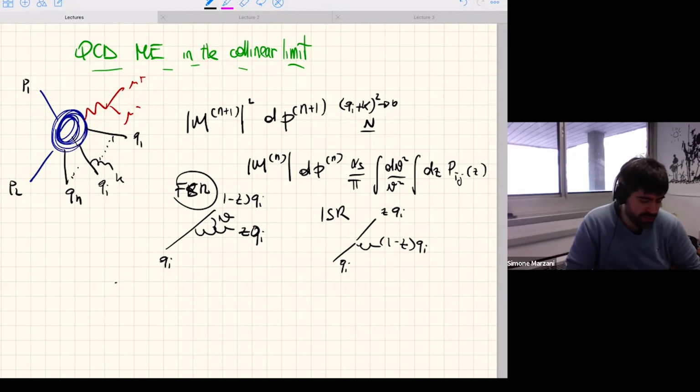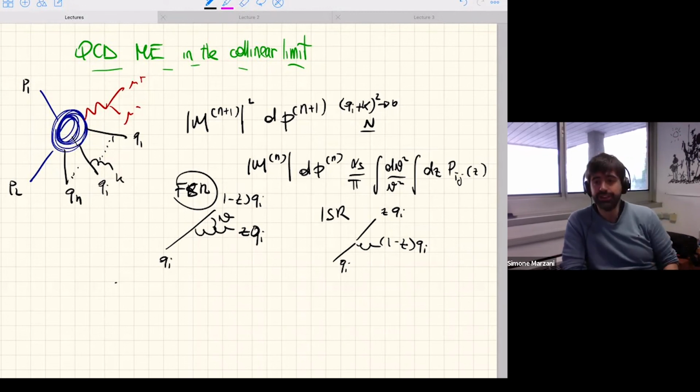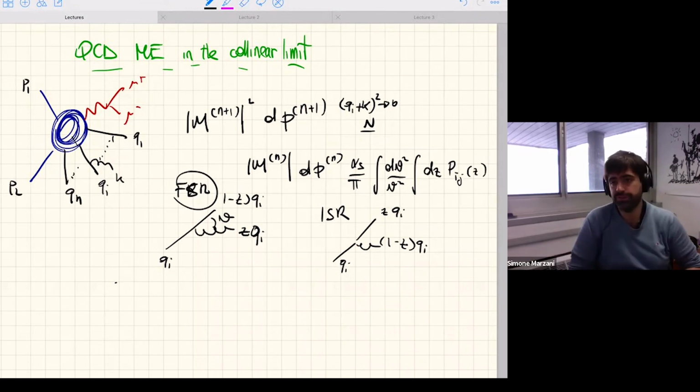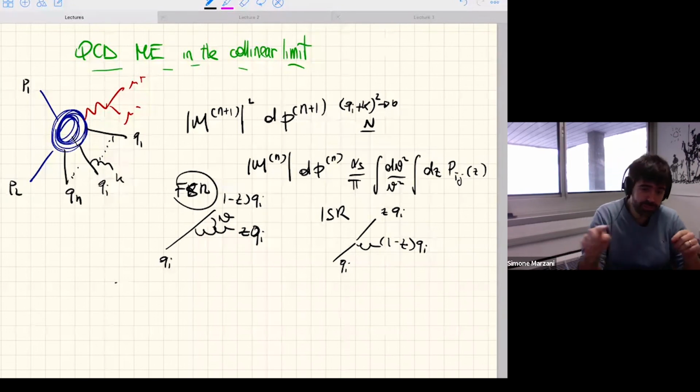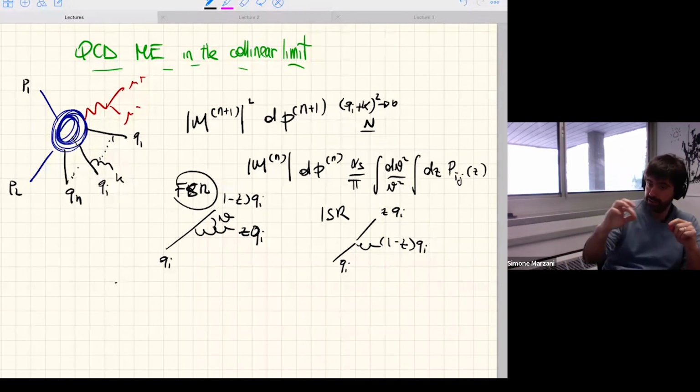So this is for one emission. What is interesting is that we can actually iterate this. If you have emissions from different legs in the collinear limit, they factorize in a trivial way. What is more interesting is that if you have multiple emissions from the initial leg, all in the collinear limit, then you still have factorization.